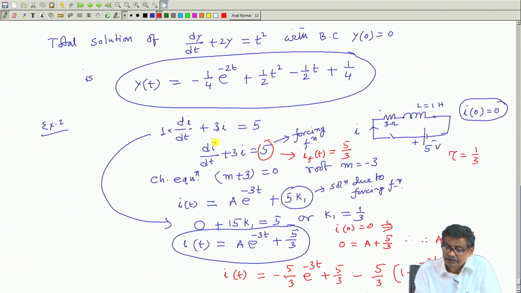Got the point? You suppress the di/dt term, then solve for I, it is 5/3. In one stroke I could also write that, but anyway this is the most general way.